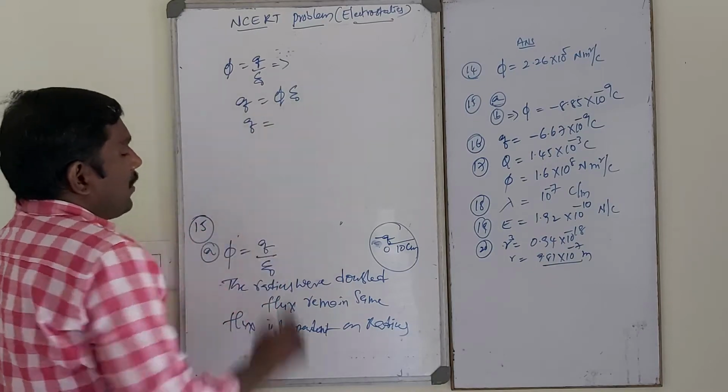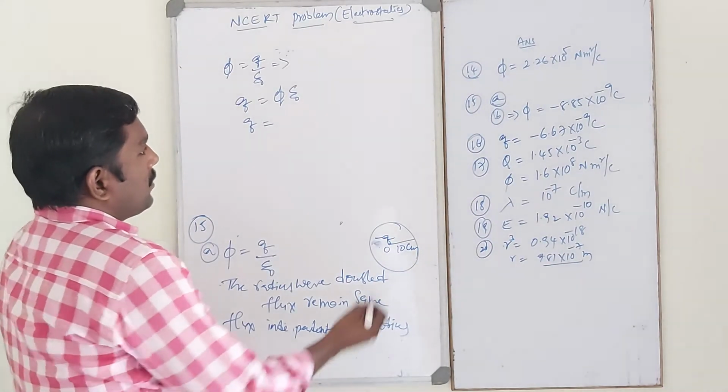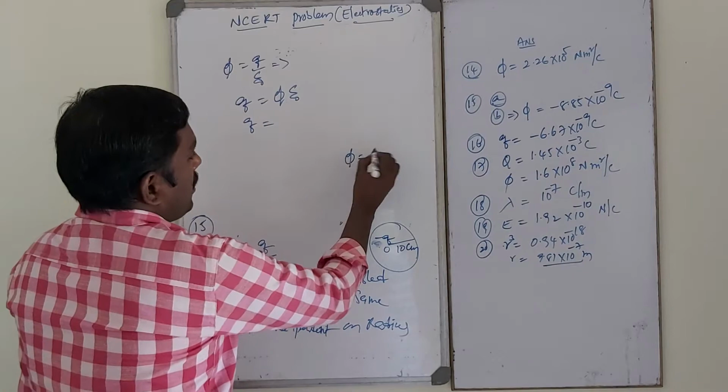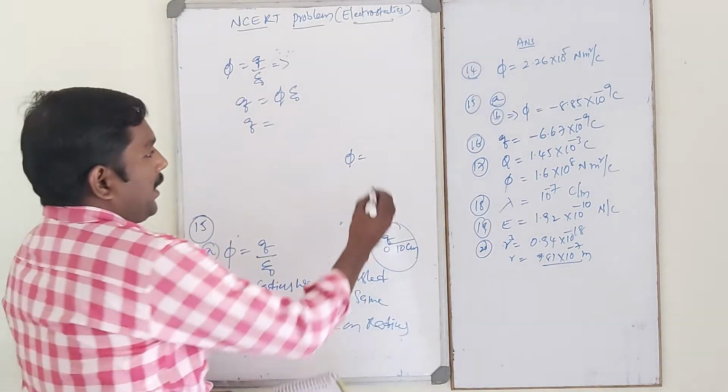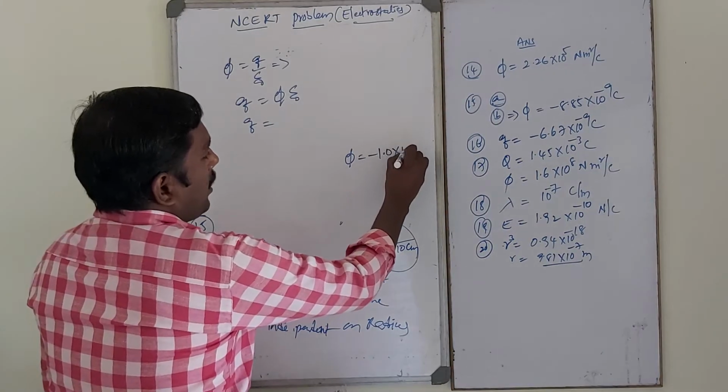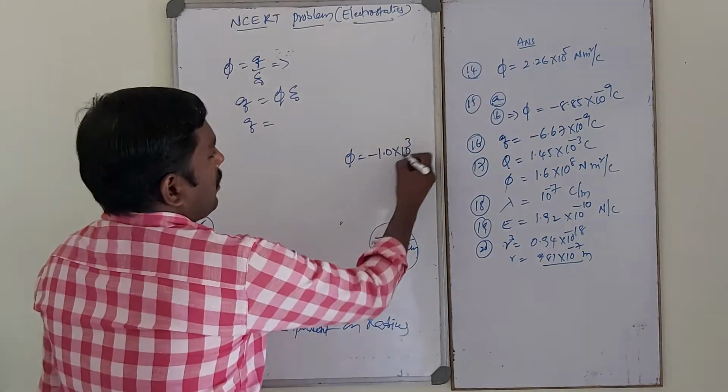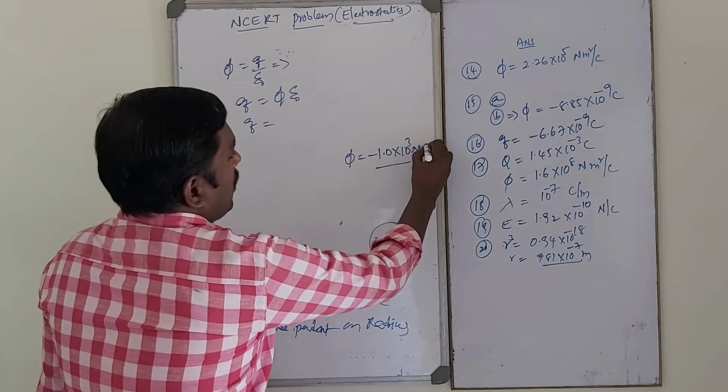So q is equal to phi into epsilon naught. The flux value is already given: phi is minus 1.0 into 10 to the power 3 Newton meter square by Coulomb.